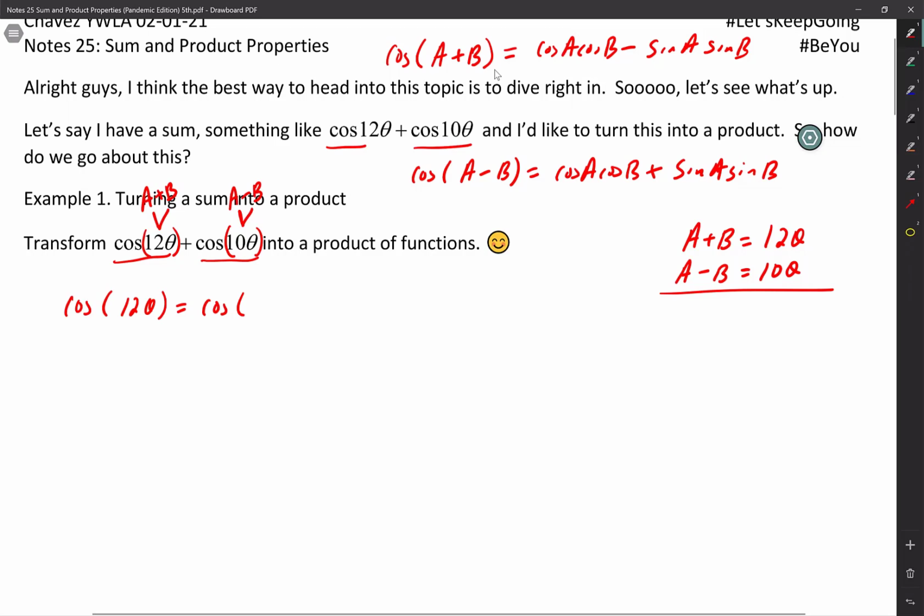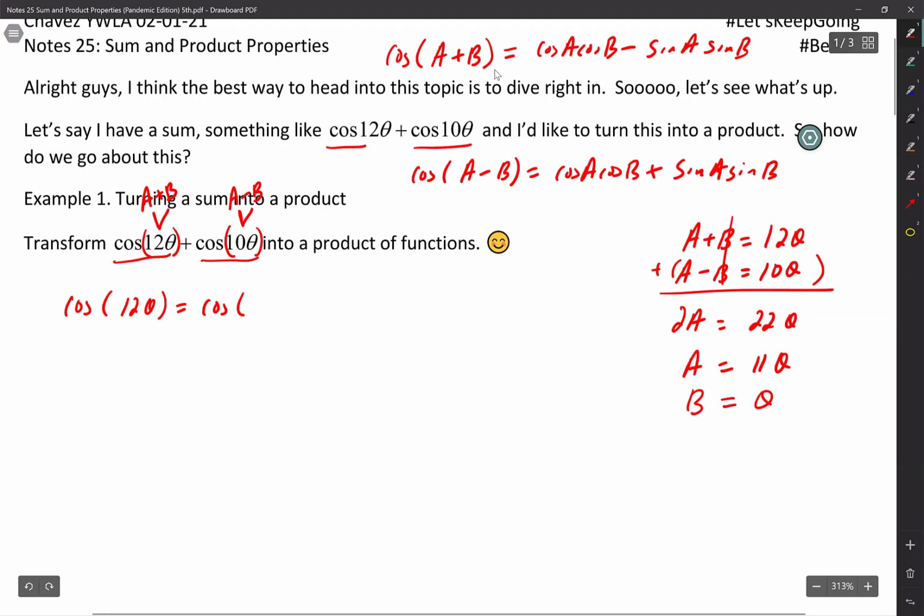Well, let's see. If I add these guys, the b's cancel out. 2a equals 22 theta. Divide by 2, and I get 11 theta. So that means b must be just 1 theta. Is this true? 11 plus 1 is 12? Yes. 11 minus 1, is that 10? Yes. So here's what I'm doing, guys.